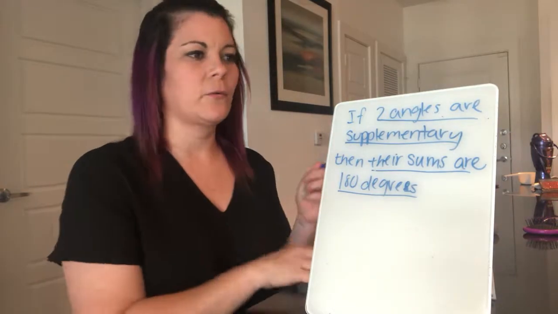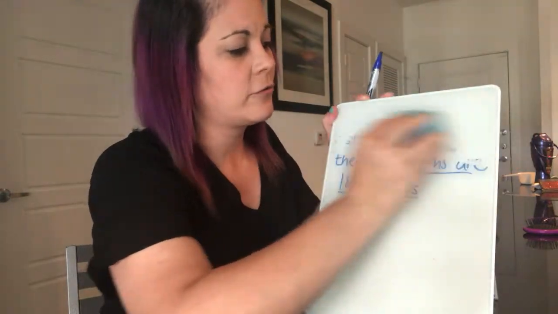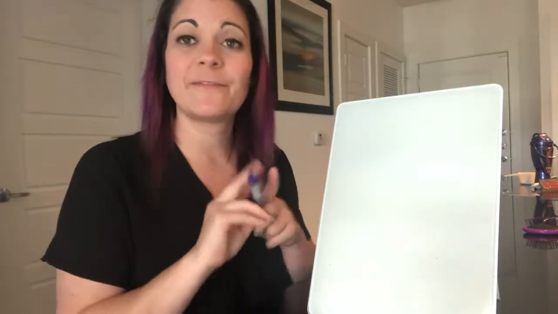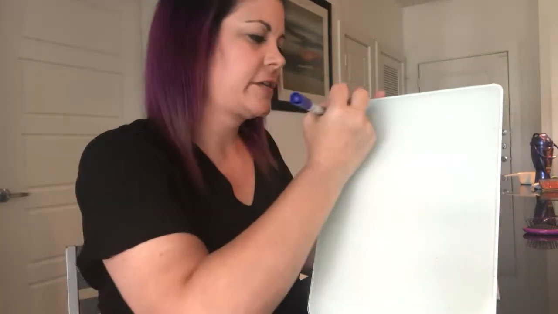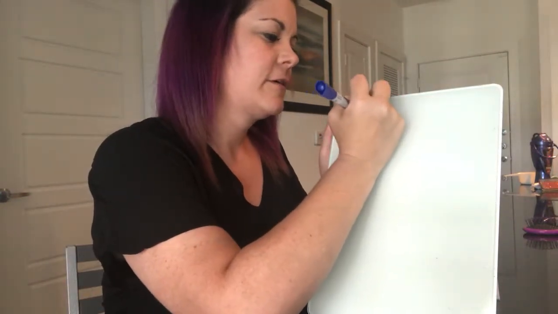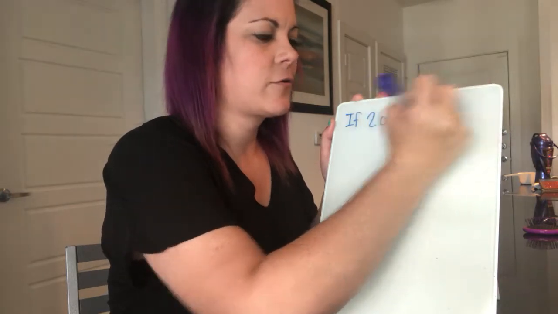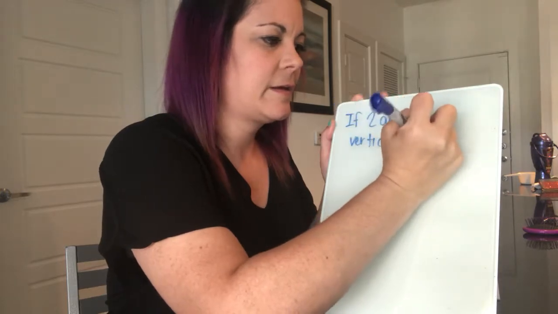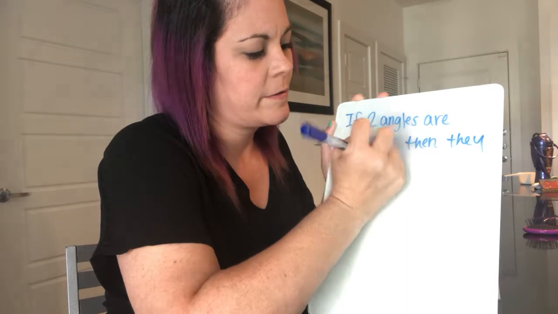So let's write a conditional statement. If I was just given vertical angles are congruent, that's not a conditional statement because remember, a conditional statement is an if-then statement. So we could change that to a conditional statement that says if two angles are vertical, then they are congruent.